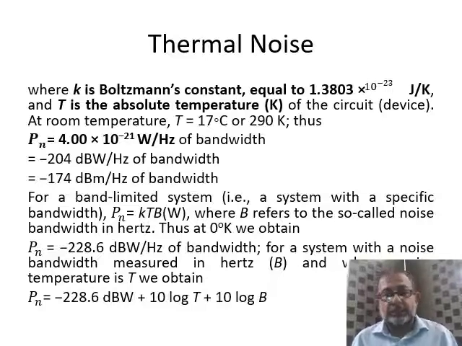Then the thermal noise power would be 4 into 10 to the power minus 21 watts per hertz. If we have a value of the bandwidth over which the signal is being sent, then we can multiply the bandwidth also, and we will get our thermal noise in terms of watts.